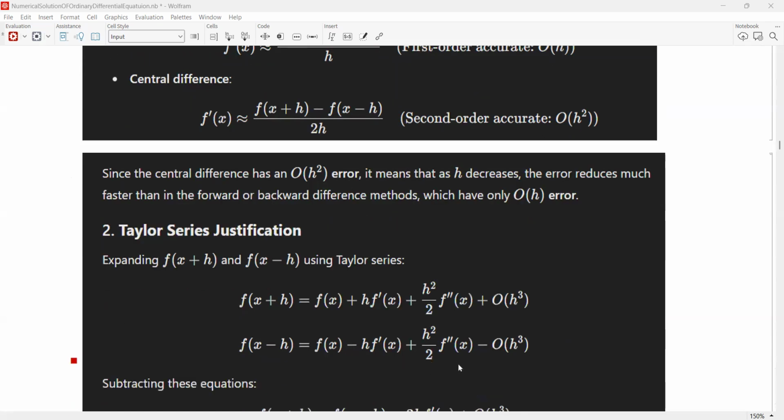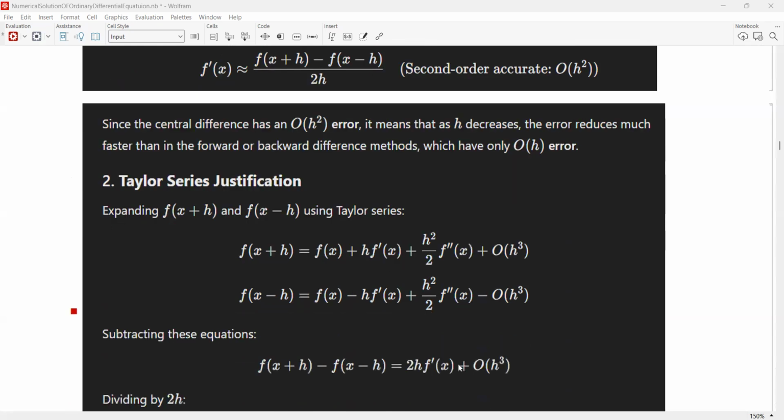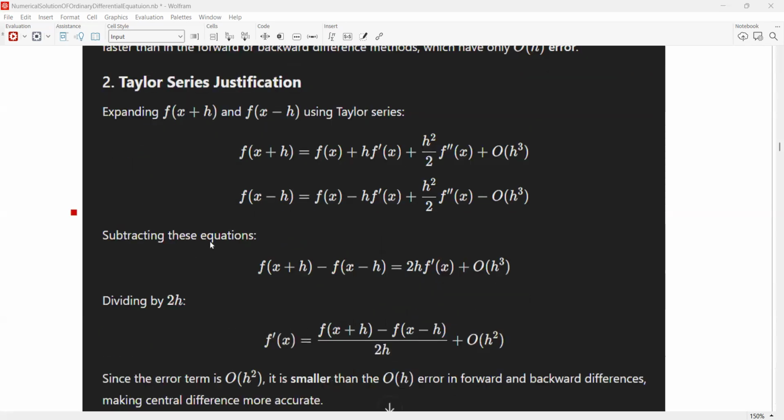Okay, the Taylor series justification: expanding f of x plus h and f of x minus h using Taylor series. Subtracting these equations, we have a cancellation of f of x. Okay, so the remaining order of accuracy is O(h cubed).